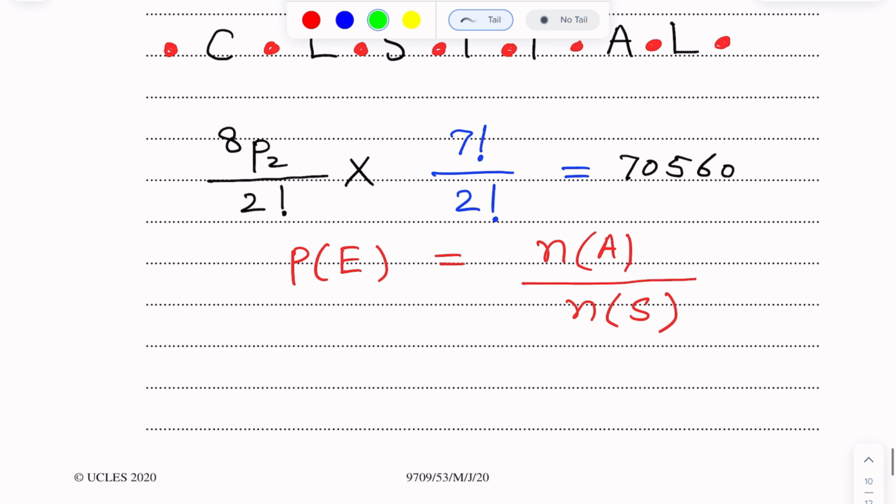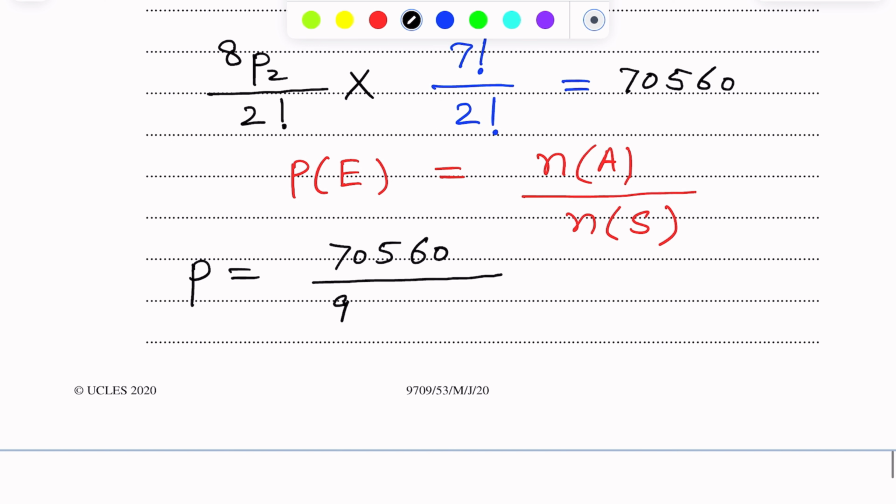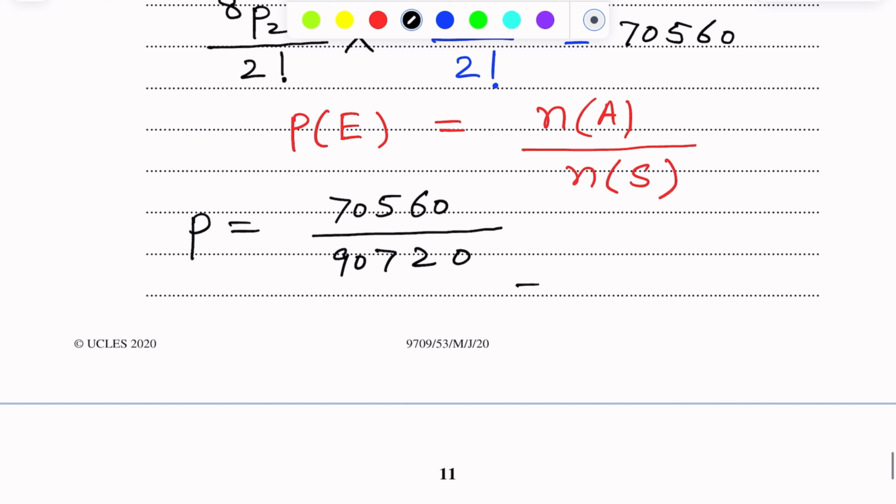So the probability will be number of successful outcomes 70560 over total outcomes from part A, 90720. After calculating, we get the answer 0.778, correct to three significant figures.